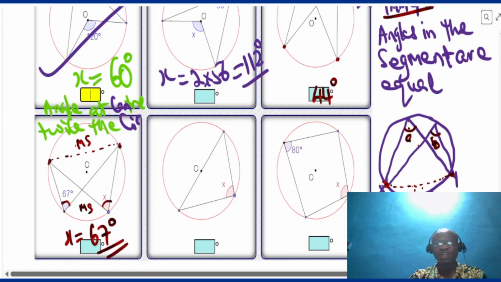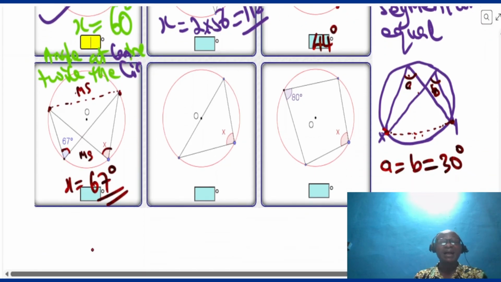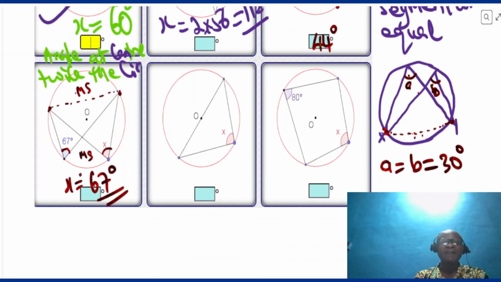So you can also add it to your note, now that you have drawn this circle and written down your answer. Let them know the reason why you know that 67 is equal to X by writing it. You can decide to put it in bracket or you just state it beside it.